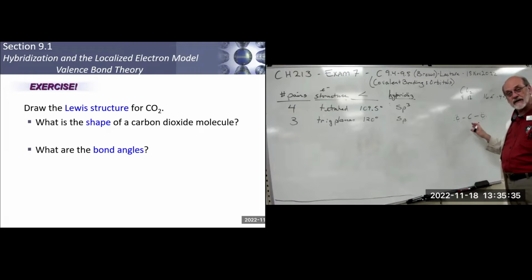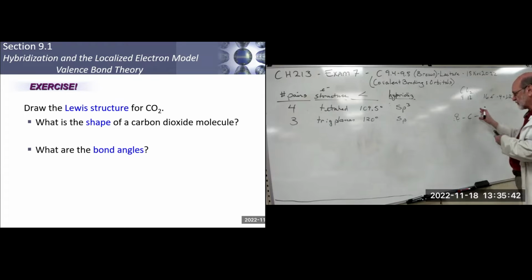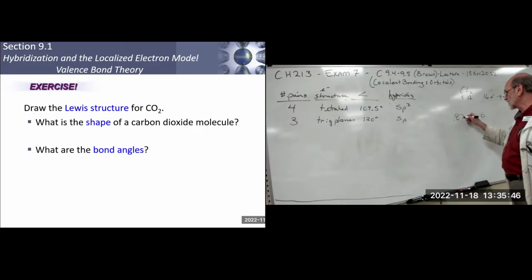Now we've got to make an octet around carbon. So we're going to be symmetrical about this. We're not going to argue whether it should be a triple bond on one side and a single on the other side. We're going to make a double on this side and a double on this side. So now we have this arrangement.